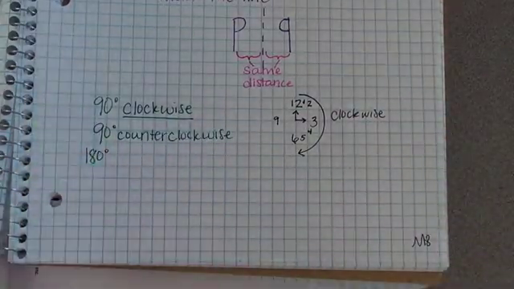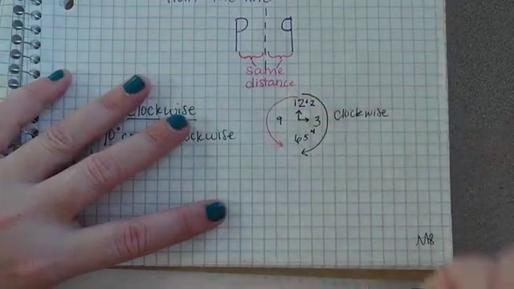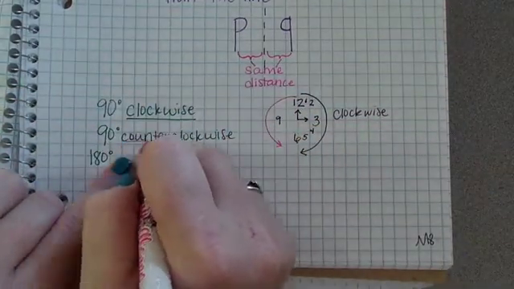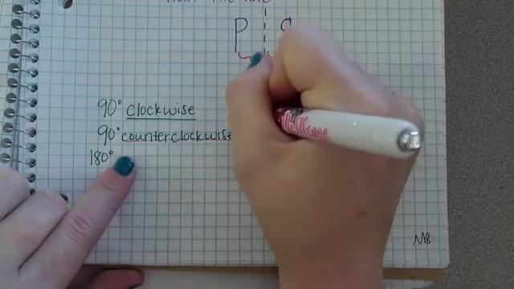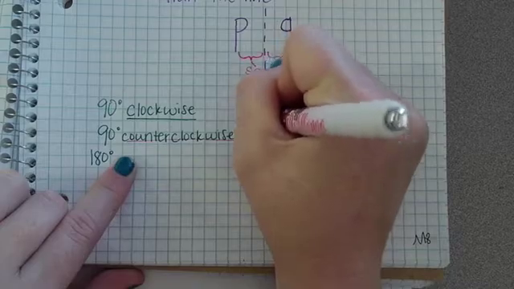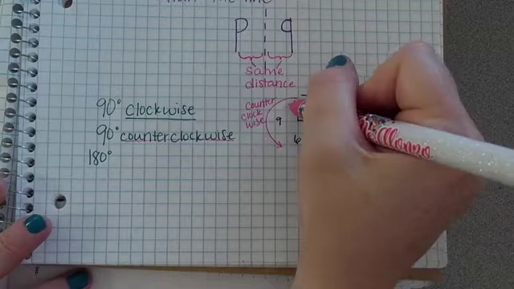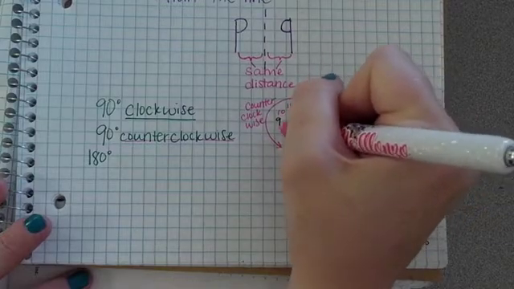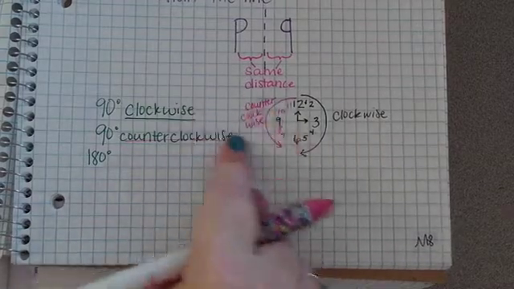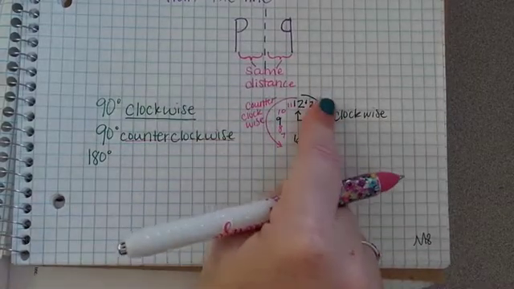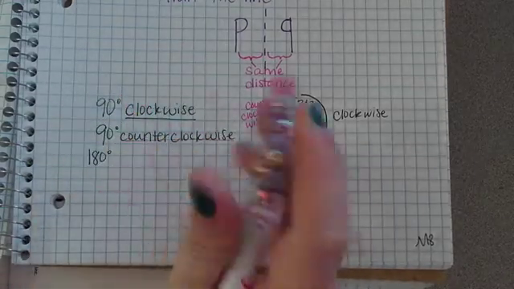If I'm going this direction, you're going against the clock, so it is counterclockwise. Okay, so this is clockwise, this is counterclockwise. So 12, 11, 10, 9, 8, 7, 6. So that's important. That's where most mistakes happen when we're doing these rotations, is you forget which direction.